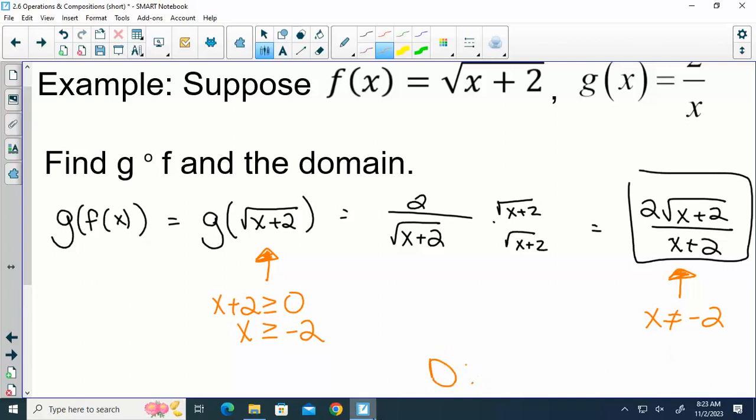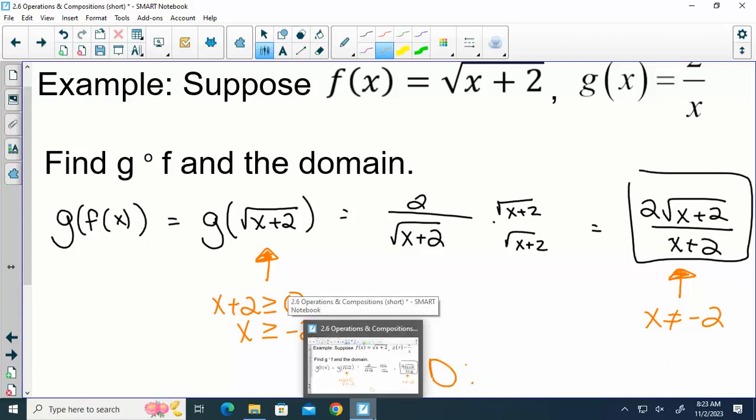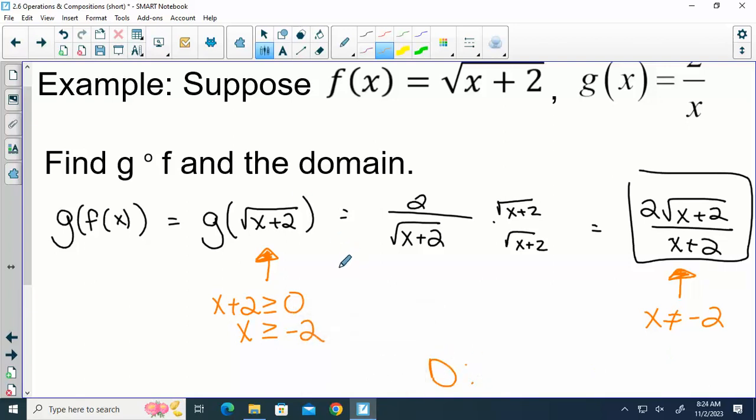If you put those together, greater than or equal to negative 2, but cannot be negative 2. It just takes away the equal to, so it just makes it a parenthesis. Negative 2 to infinity. All right. Any questions on this?